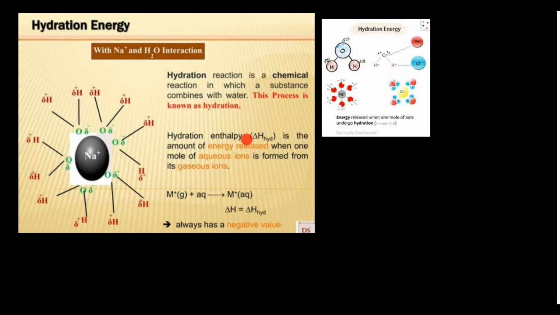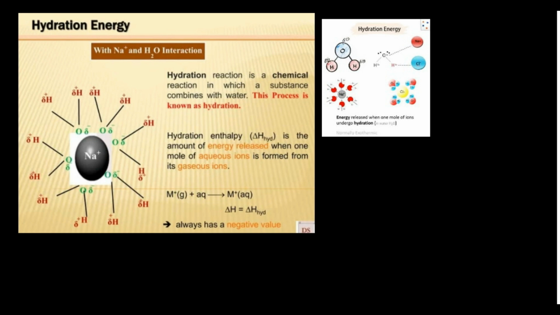Hydration enthalpy or hydration energy is the amount of energy released when 1 mole of aqueous ions is formed from gaseous ions. Or another way of giving the definition: the heat energy released when new bonds are formed between the ions and the water molecules.